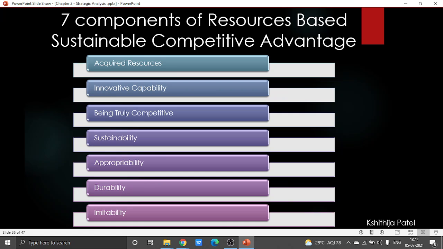In other words, it is doing the existing things in a different way, or coming up with a different way of doing activities in the business. It can be doing it entirely differently, or doing the same thing in a different way.